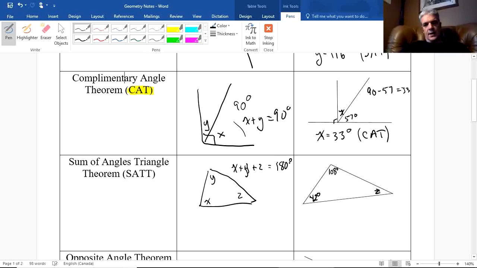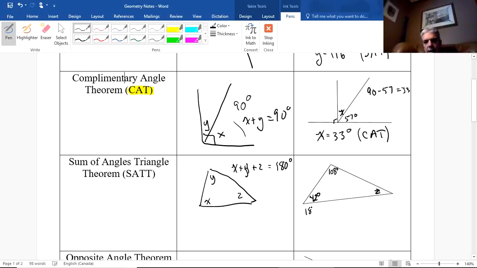And I think I had you watch a video there with Mr. Lee, and he showed you by cutting the corners out how that worked. And so this allows us to calculate any missing angle if we have the other two angles in a triangle. So in this particular one, I can say this is 180 minus 108 minus 42, okay?